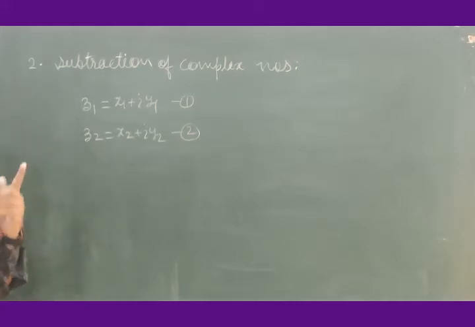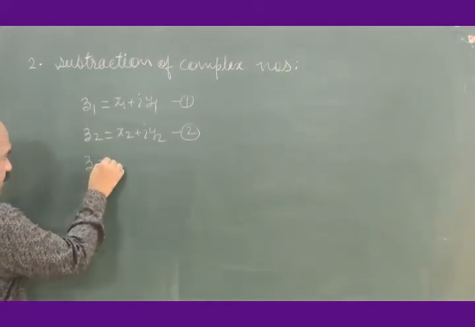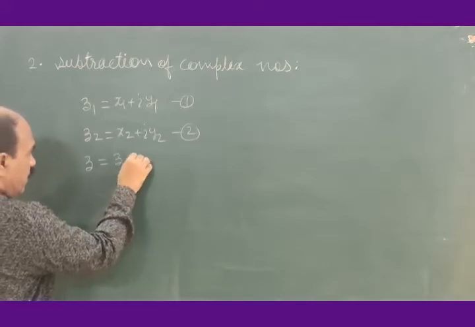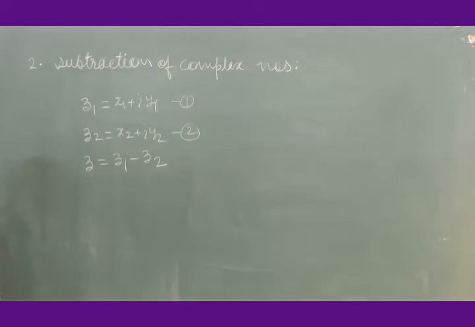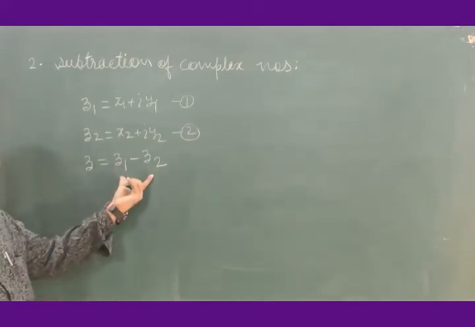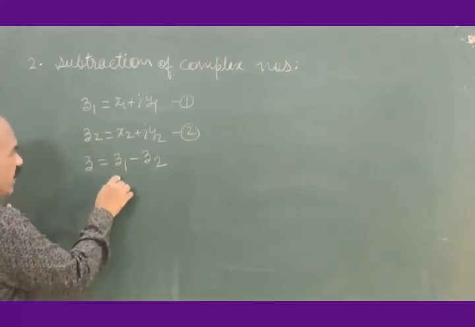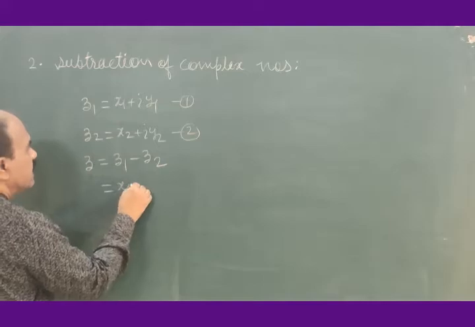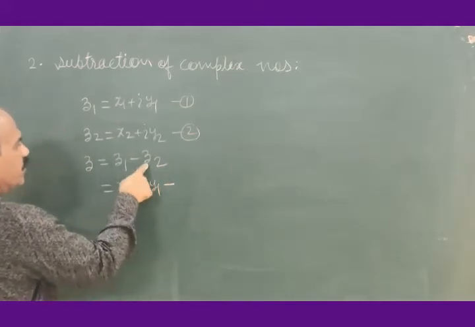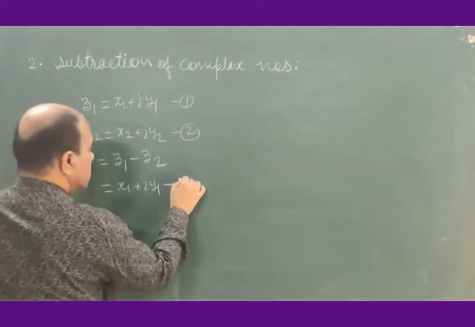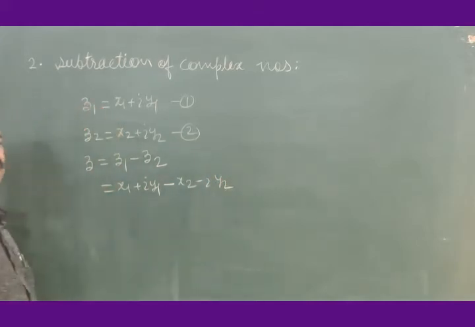Subtraction of these two complex numbers is also a complex number. That is, complex number Z is equal to complex number Z1 minus complex number Z2. Put value of Z1, x1 plus i y1, minus put value of Z2, x2 plus i y2, so minus x2 minus i y2.